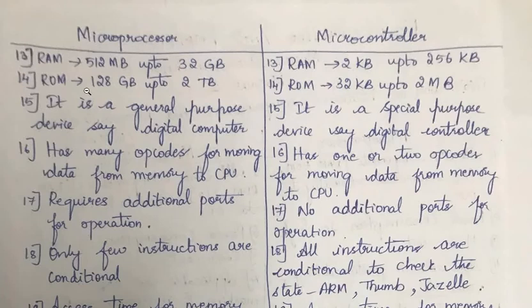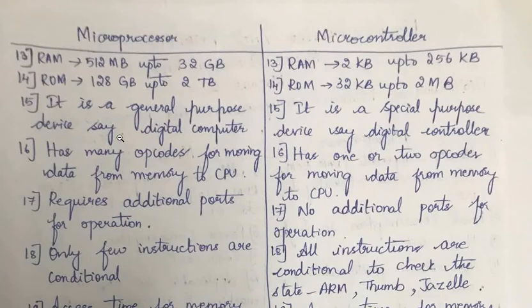In microprocessor, ROM can be from 128 GB up to 2 TB, TB means terabyte, whereas in microcontroller ROM is 32 KB up to 2 MB itself, so it is very minimal. Microprocessor is a general purpose device, say a digital computer.